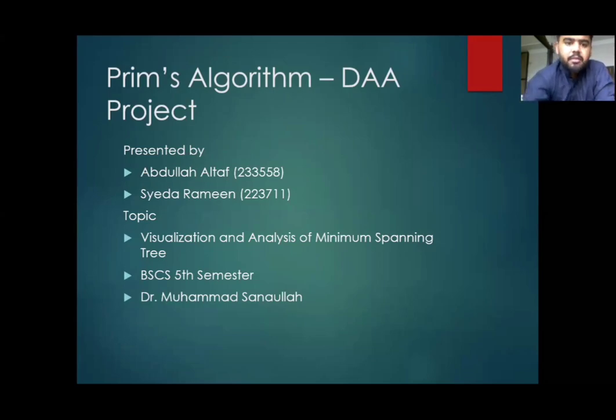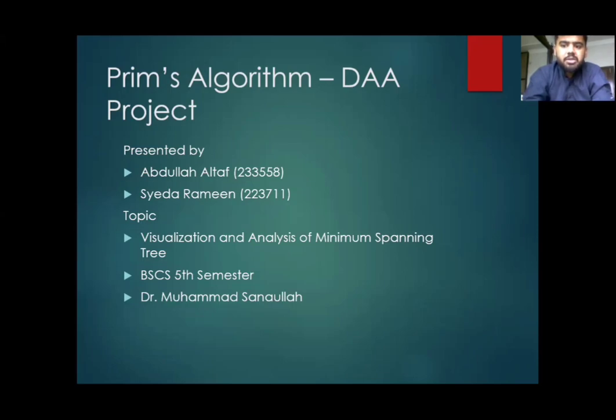In Prim's algorithm, for every algorithm, first of all, we have a problem and then we find a solution for the algorithm. So what's an algorithm and what's Prim's algorithm? Before defining that, we should know what the problem is. Why do we need Prim's algorithm? The problem is to find the minimum spanning tree, which we call the MST, of a connected, weighted, and undirected graph.